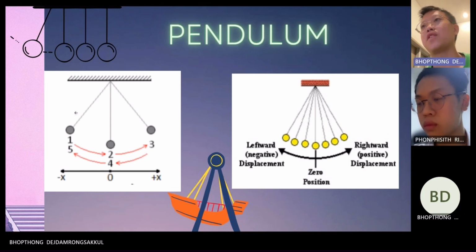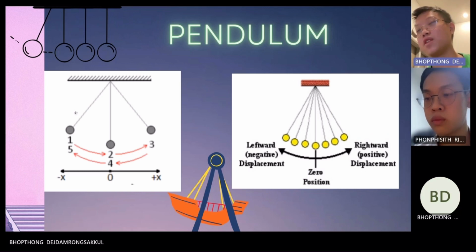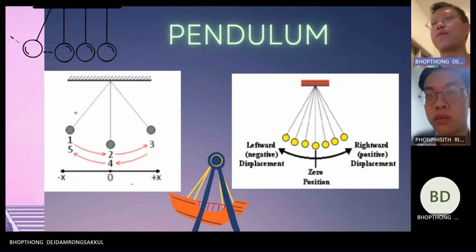But in reality, there are unbalanced forces acting on the object, so as time passes, the object will lose energy and momentum, and the object will stop at the equilibrium as time passes.